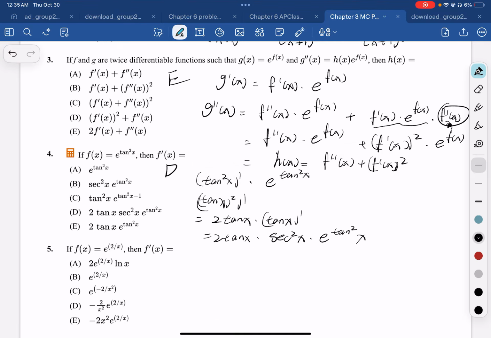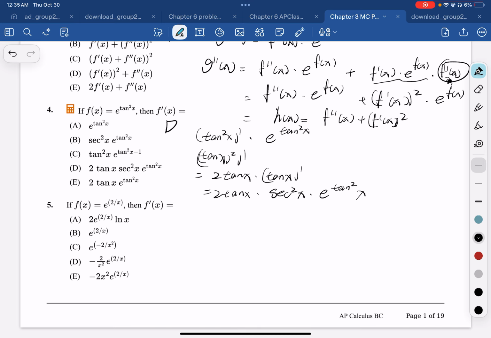All right, the last one. If f of x equals e raised to power of 2 over x, then f prime of x equals what? So f prime of x equals, we use the chain rule, and it becomes 2 over x prime times e raised to 2 over x.